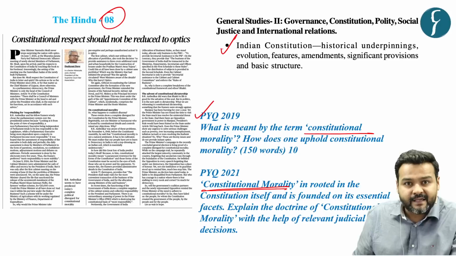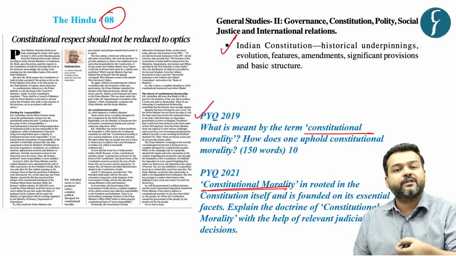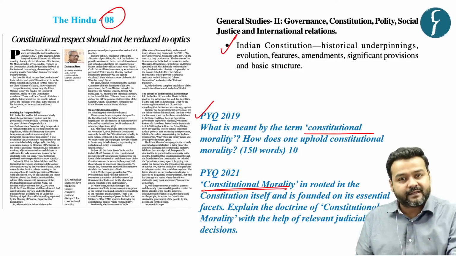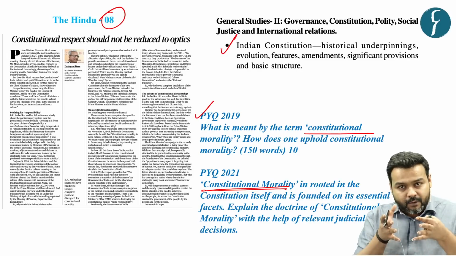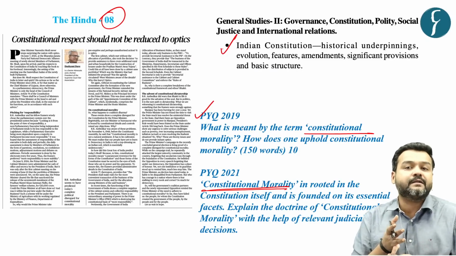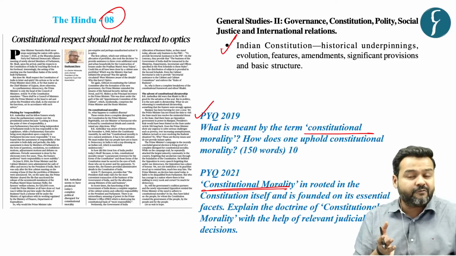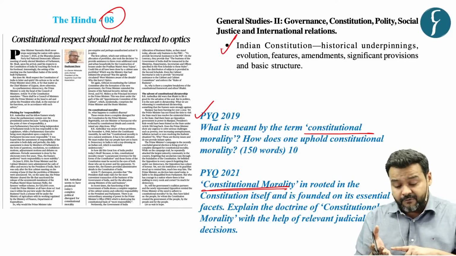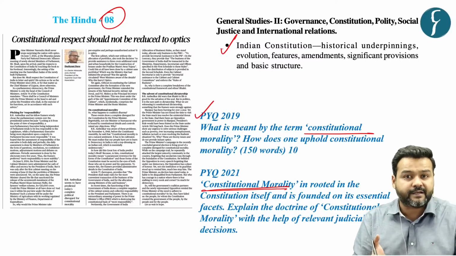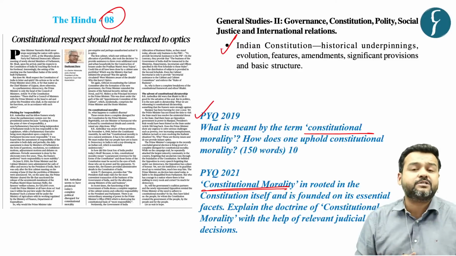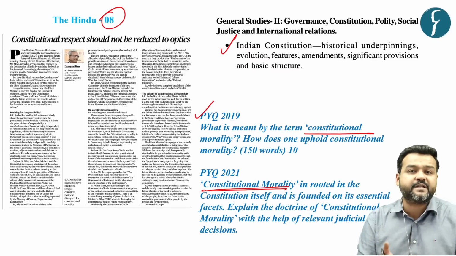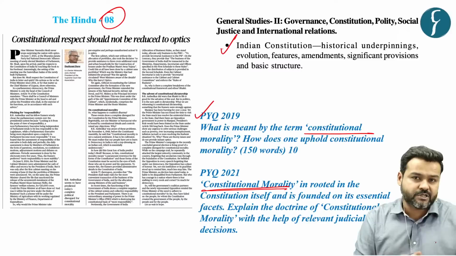That is why the judgment came on the basis of constitutional morality: on the basis of these core values we cannot discriminate. We must give justice. We must preach equality. So this is constitutional morality, the core principles in the Constitution.